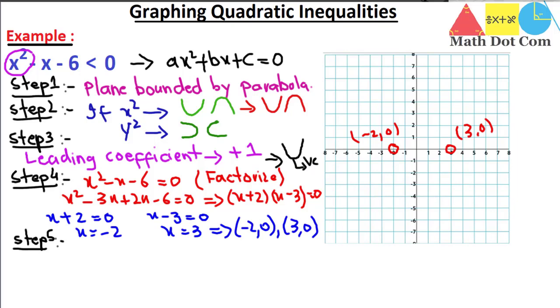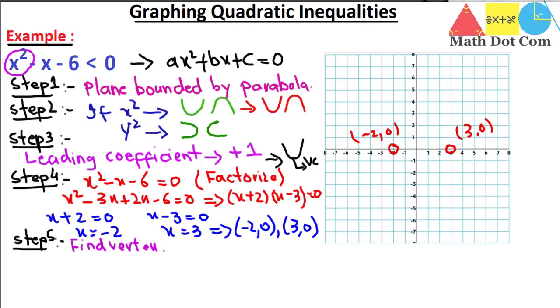If I say V for vertex, so in this step we have to find the vertex. How can you do that? It's easier. You just need to find the midpoint of these given 2 points. We will use just the x values to find the x, and then we will put that value of x in the given equation to find the value of y.